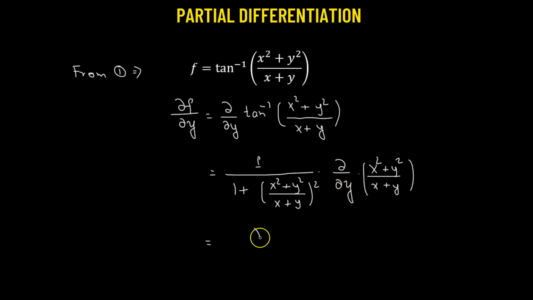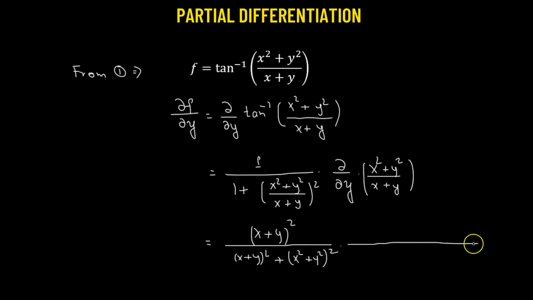That means we now have x plus y whole squared divided by x plus y whole squared plus x squared plus y squared whole squared. But this will be multiplied now. Now we'll have to take the partial derivative by using the quotient rule.